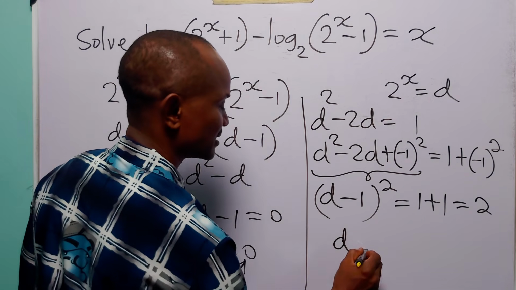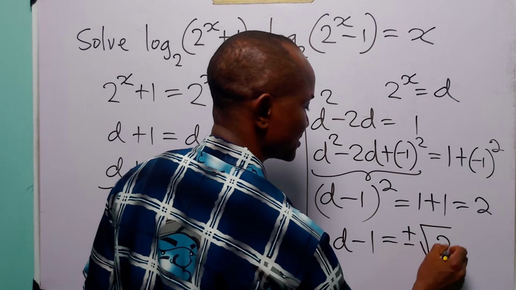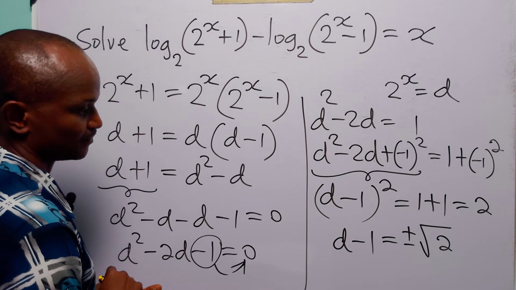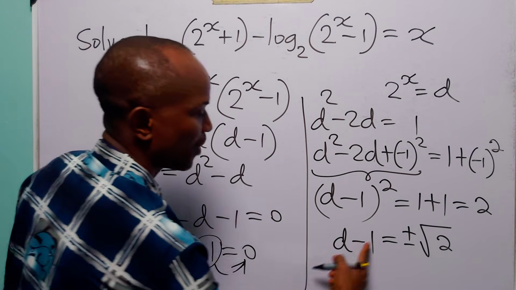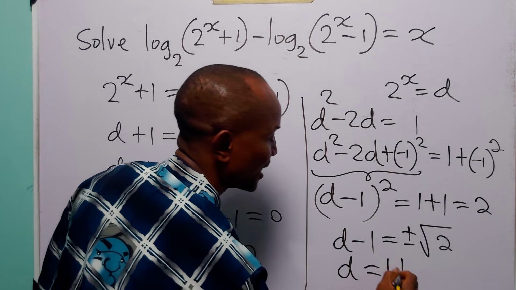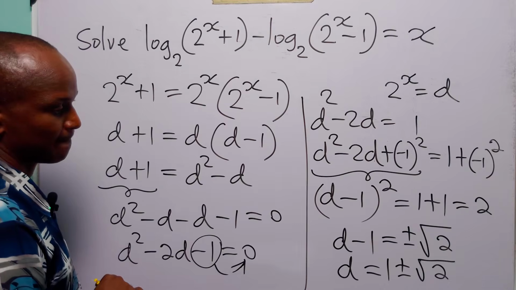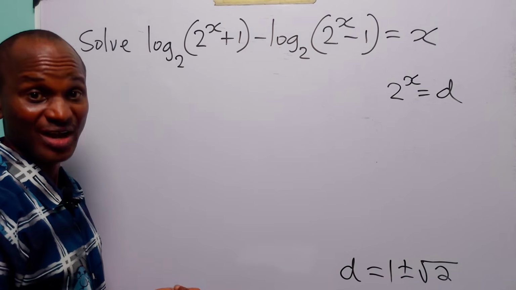When we do that, we have that d minus 1 is equal to plus or minus the square root of 2. Now, when we add 1 to both sides of this equation, we have that d is equal to 1 plus or minus the square root of 2. Now, from here, we have two values of d.